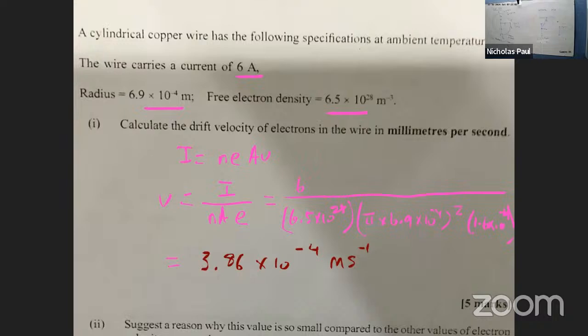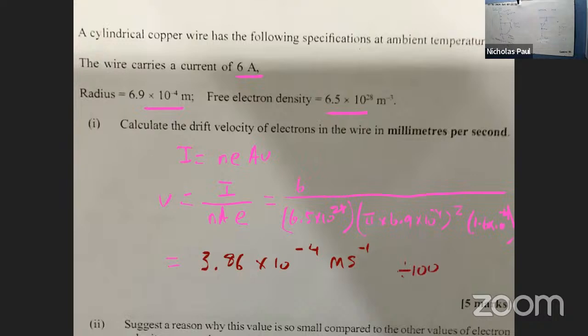I think that's right. Anybody else get that in meters? Yes, in meters. How do I go to millimeters now? That's the amount of meters in 1 second, so divided by 1,000.